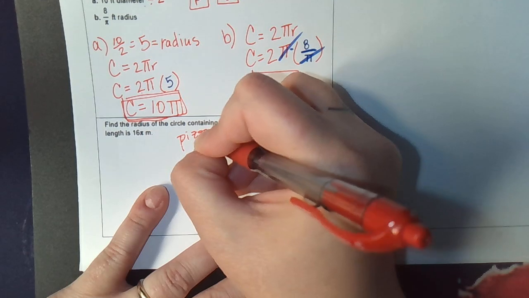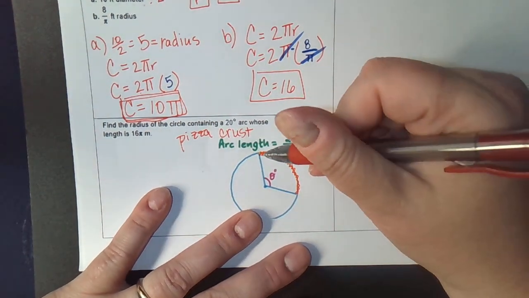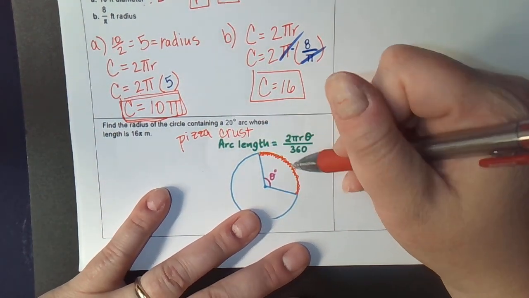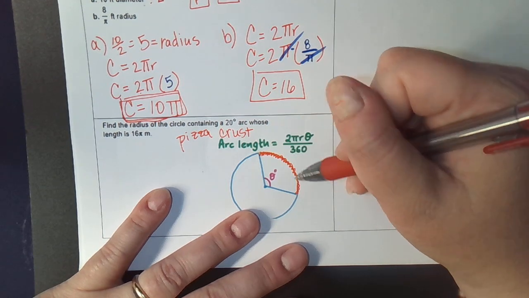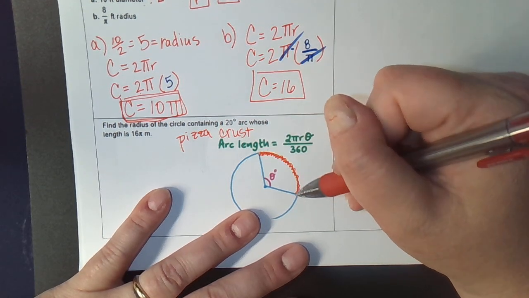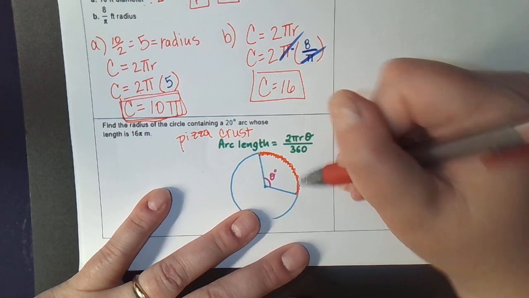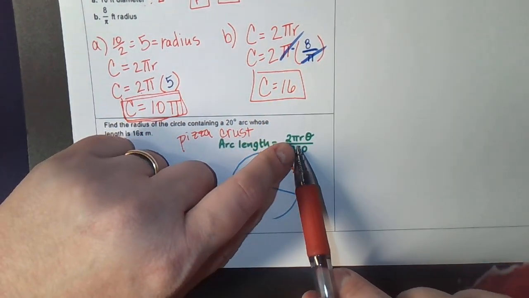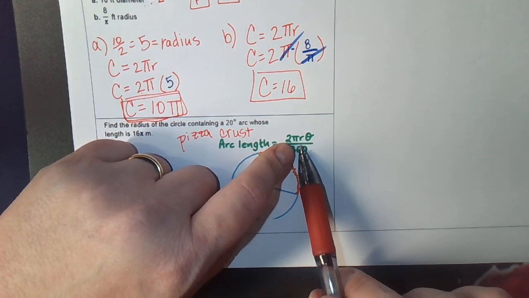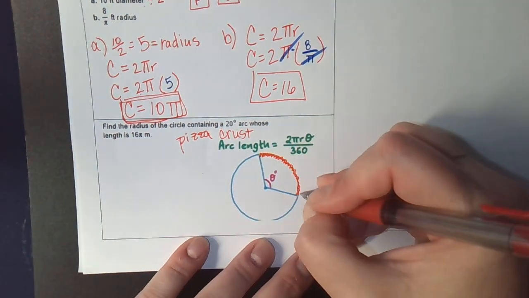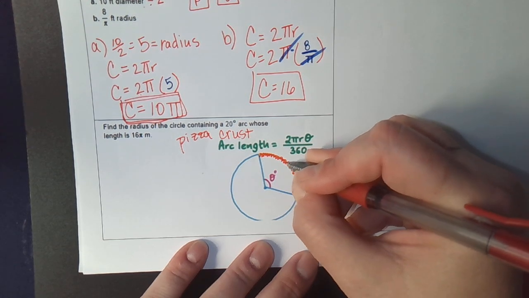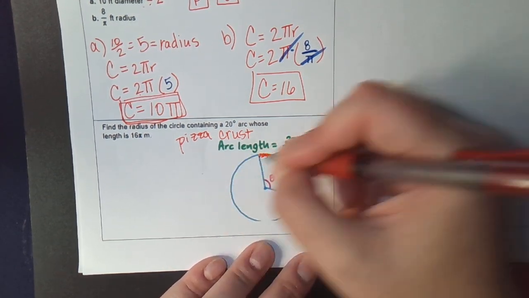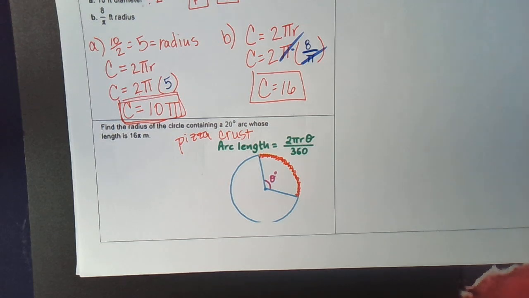We're trying to find how long the crust of the pizza is. And the crust of that pizza comes from the circumference of the whole pizza. So that's where this 2 pi r comes from in the formula. Because arc length is just a piece of the whole circle's crust.